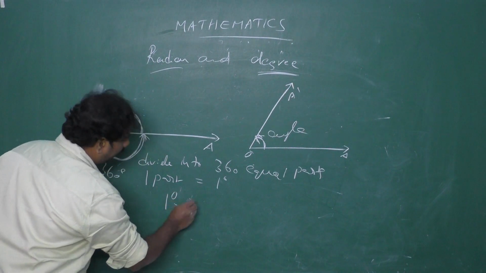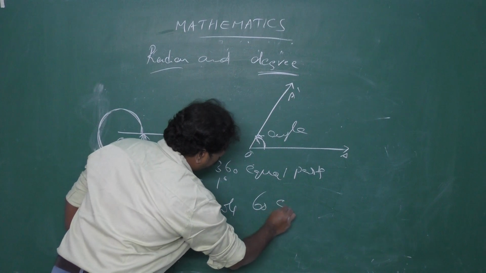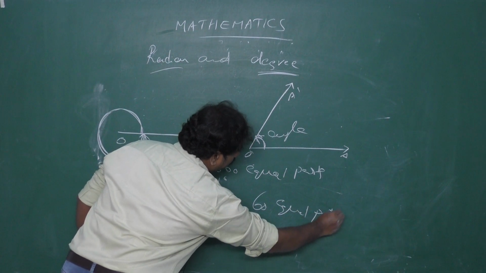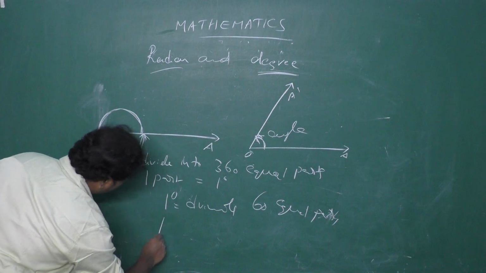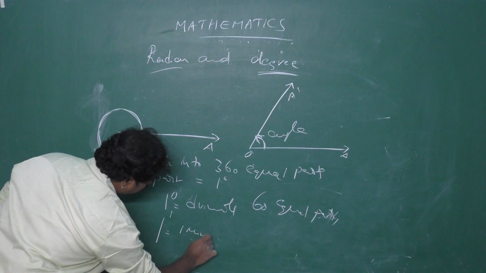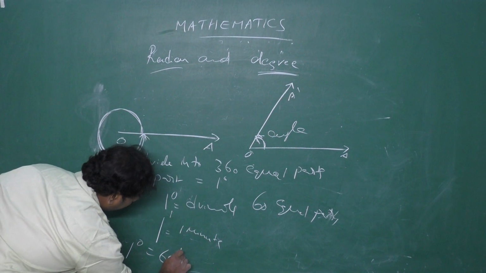Again, this 1 degree is divided into 60 equal parts, and they call that 1 minute. That means 1 degree is equal to 60 minutes.